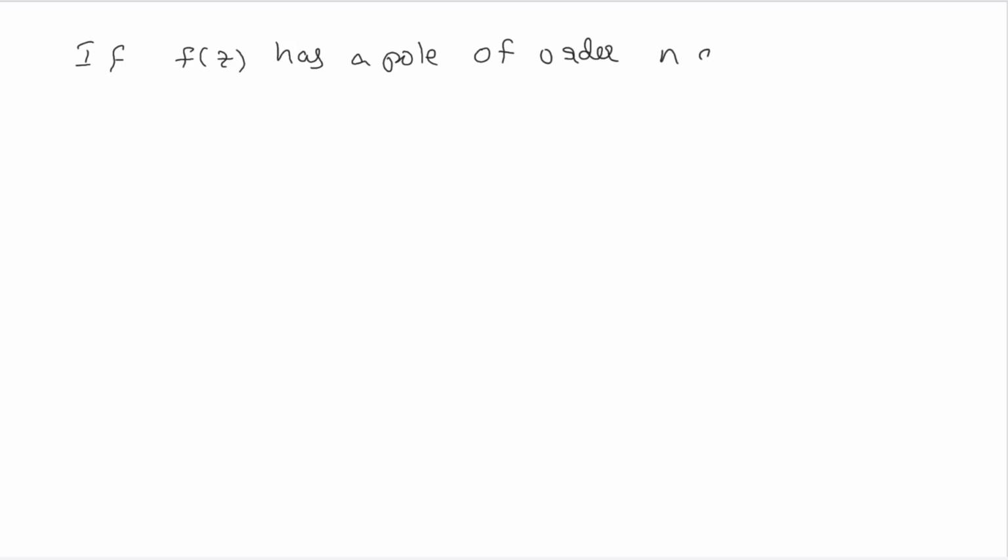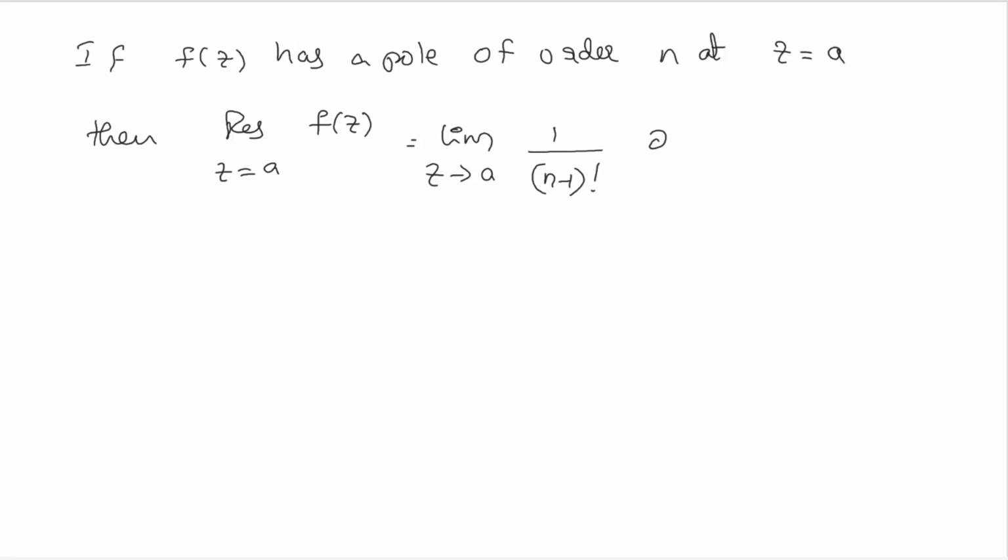For that I'm going to give you a formula: if f of z has a pole of order n at a point z equal to a, then the residue of f of z at the point z equal to a is the limit as z tends to a of 1 divided by (n minus 1) factorial times the (n minus 1)th derivative of the term (z minus a) whole to the power of n times f of z.